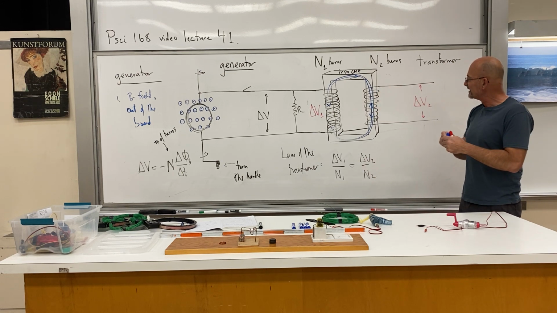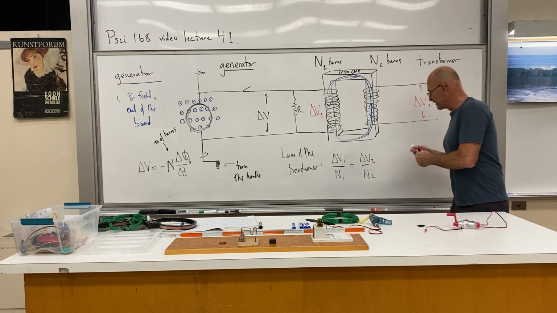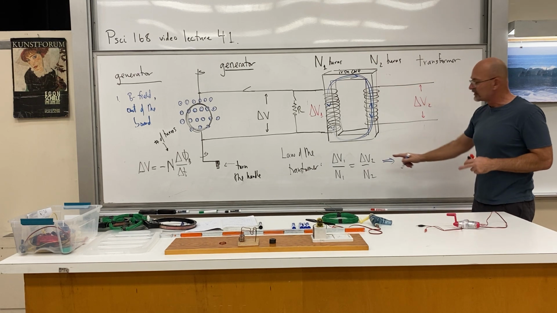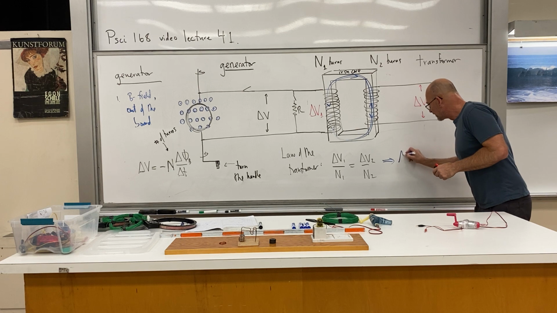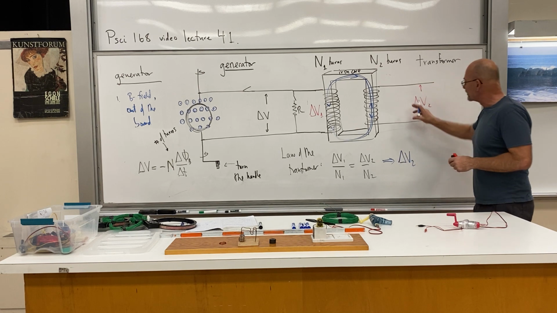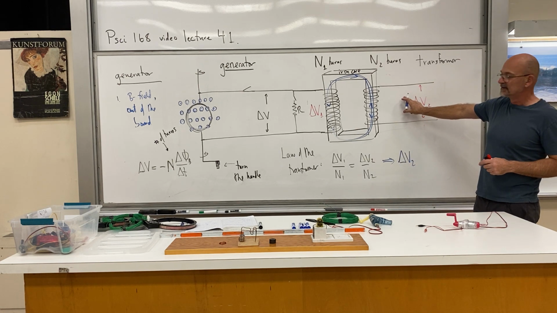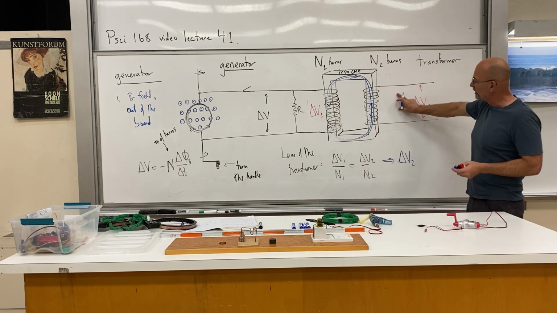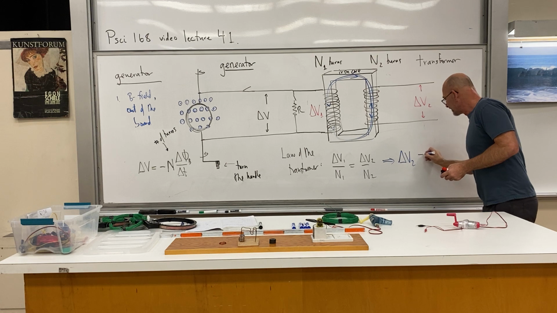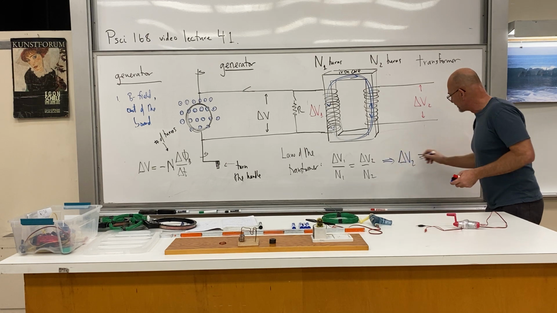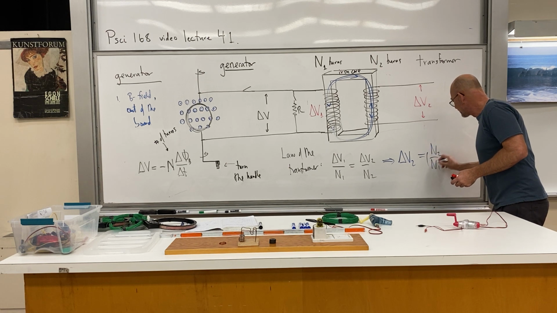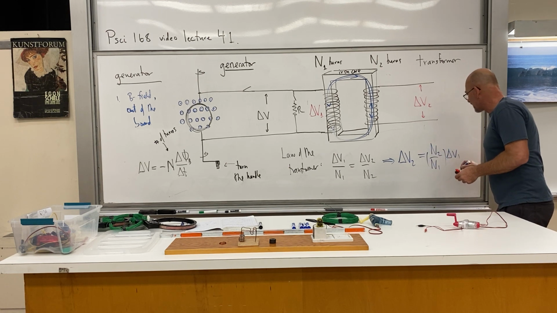Now what this means is, this is just a ratio, but let's just solve it for delta V2. Delta V2, that's the voltage that you get. Say you put in 120, okay? Question is, what do you get out here? And that is, I'm just solving for this, that's the ratio of the turns times delta V1.